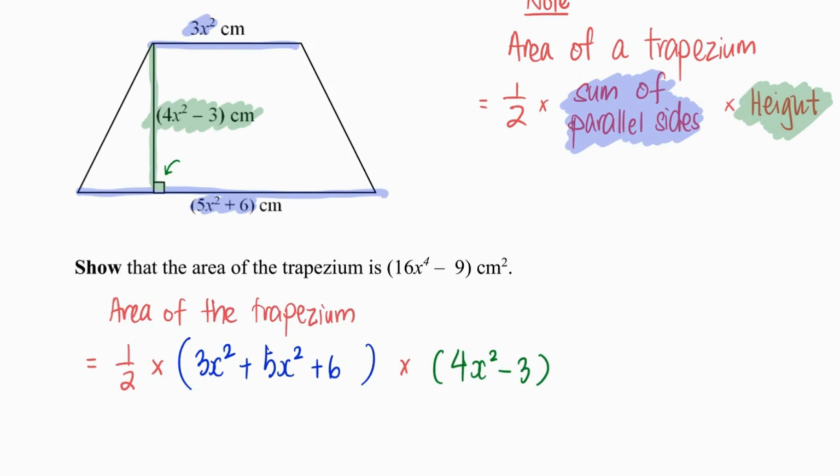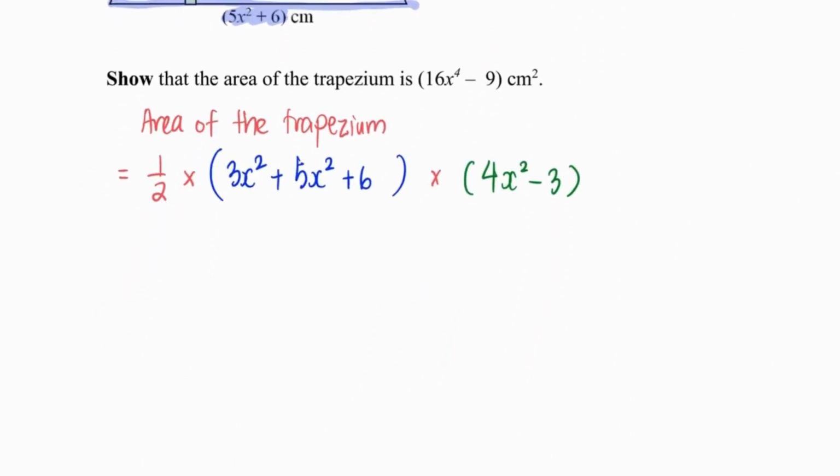And now this is the expression that we are going to work towards. So it will still be half outside. This will be 3x squared plus 5x squared will give me 8x squared plus 6. So I have my 4x squared minus 3.